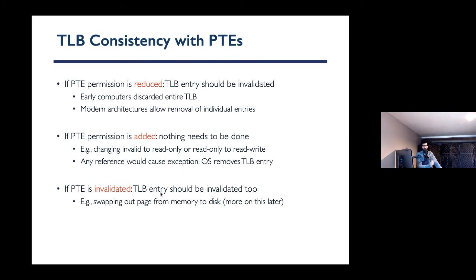What should happen to the TLB if we update a page table entry to invalid? Well, the same thing that happened with the reduction in permission: now that the page table entry is invalidated, you also have to invalidate the TLB. Because if you don't, then hardware will go to the TLB and think that the translation is still valid. So again, in old days, you would have to flush the entire TLB. In modern architectures, you only need to go to that particular entry and invalidate it.